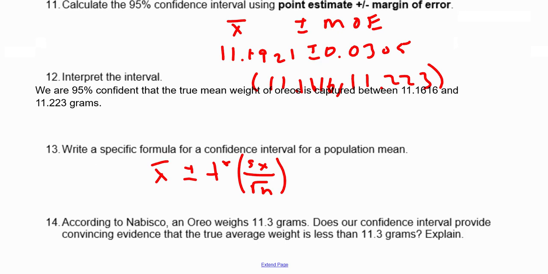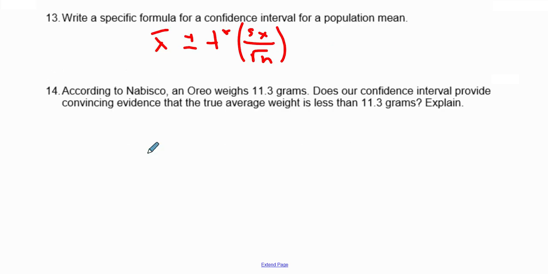And then according to Misko, the Oreo weight is 11.3 grams. Does our confidence interval provide convincing evidence that the true average weight is less than 11.3 grams? Well, looking at this right here, 11.3 is not on that. And so I guess the answer is yes.